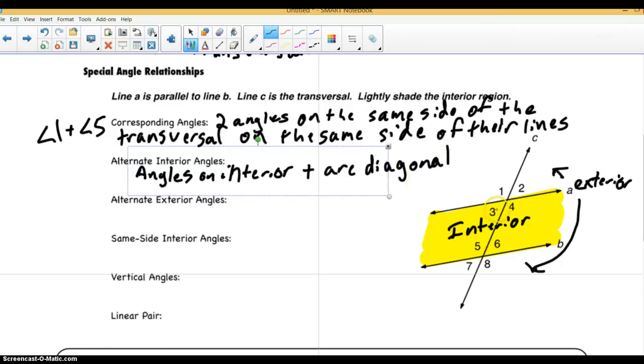And our examples are angles 3 and 6, and angles 5 and 4.